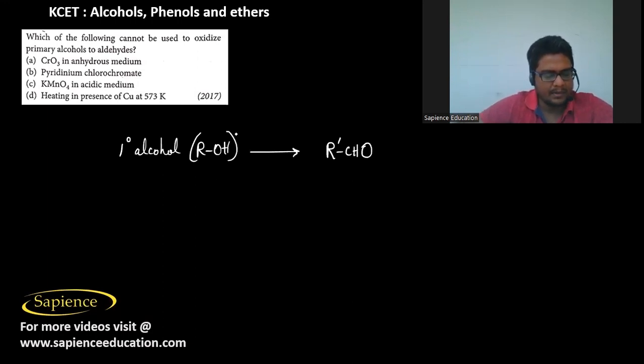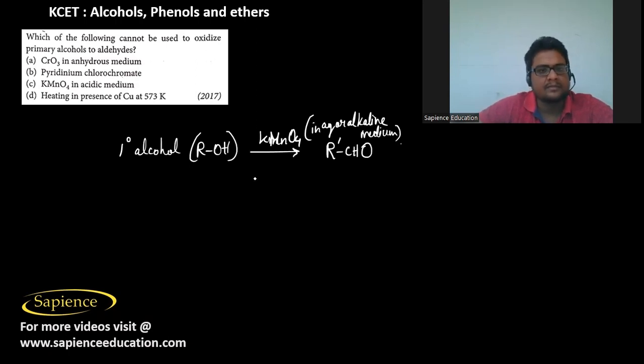So primary alcohols can be oxidized to aldehydes with KMnO4 in aqueous or in alkaline medium.